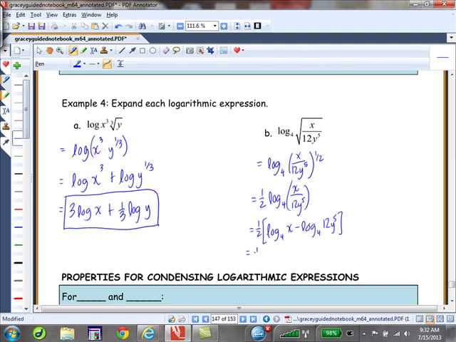Now we can split that as a product, so we're going to put it in parentheses so we don't forget to distribute the minus to both. So we'll have log base 4 of 12, and then plus log y to the 5th.